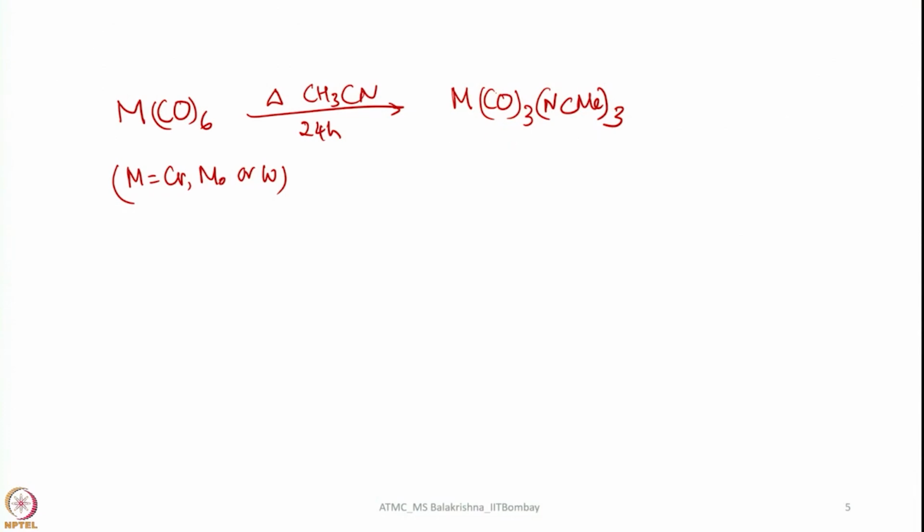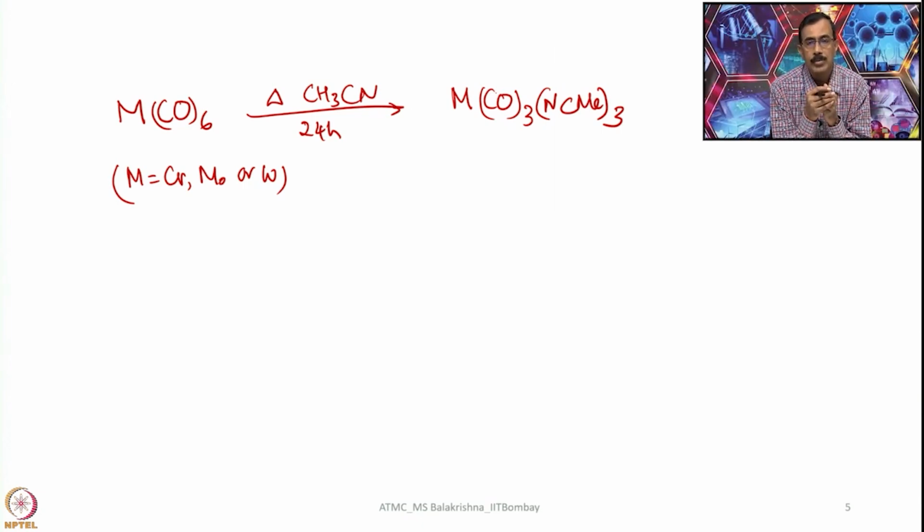Since the metal is in the 0 valent state and more electron density is coming onto the metal, there is also inter-electronic repulsion that can destabilize it. In that context, CO being a pi acceptor can release a little bit of electron density from the metal through back bonding. As a result, these back bonding capable ligands stabilize metals in their low valent state.